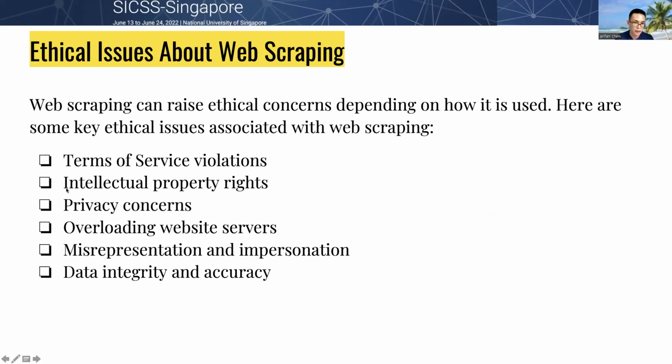Another thing is intellectual property rights. Web scraping can involve accessing and extracting copyrighted content or information without permission from the website, and using the scraped data in a way that may violate intellectual property rights, such as republishing or distributing this content without authorization, and it is ethically problematic.